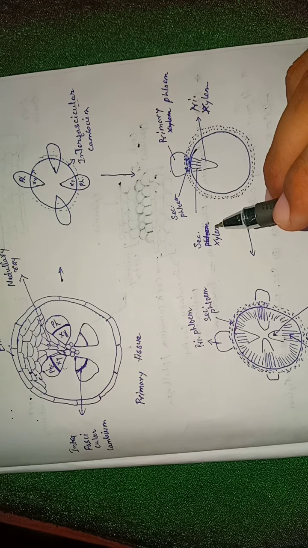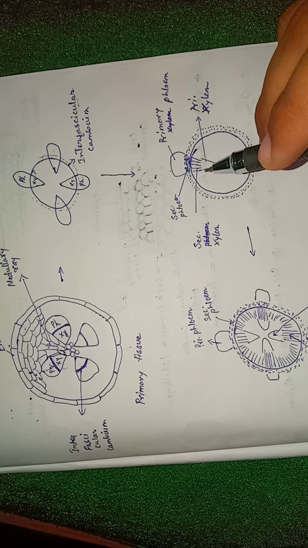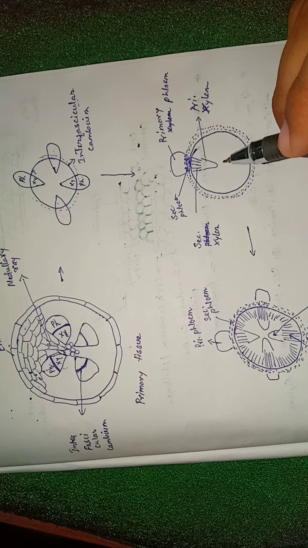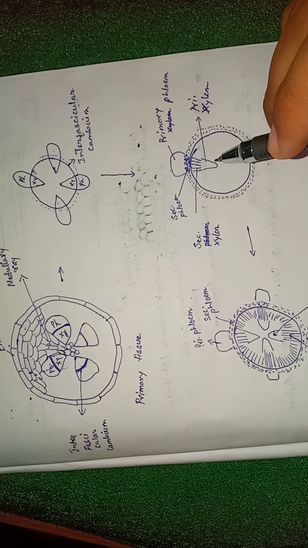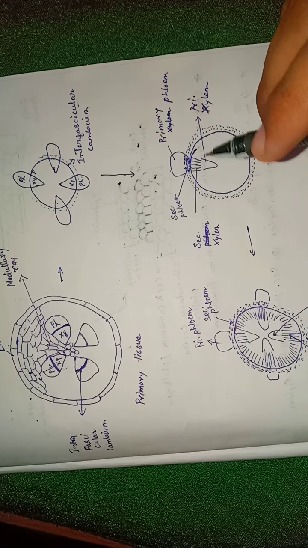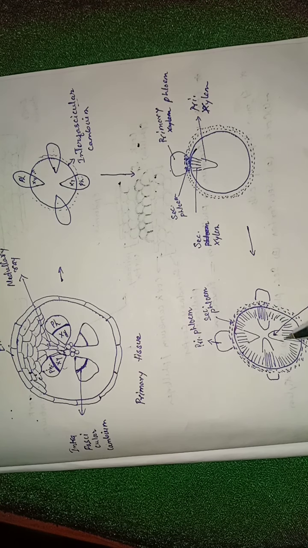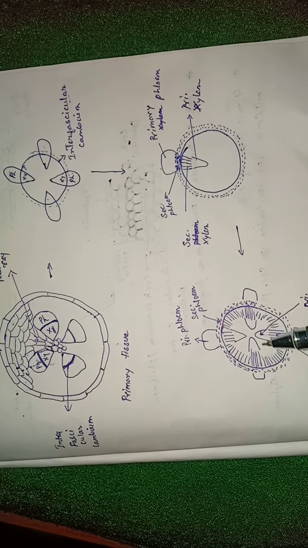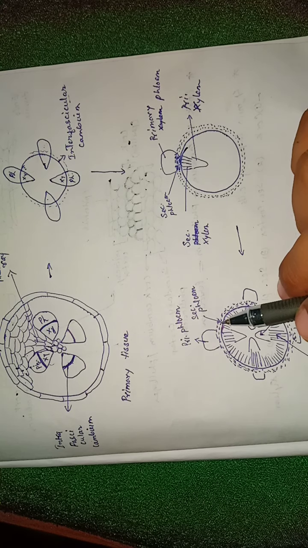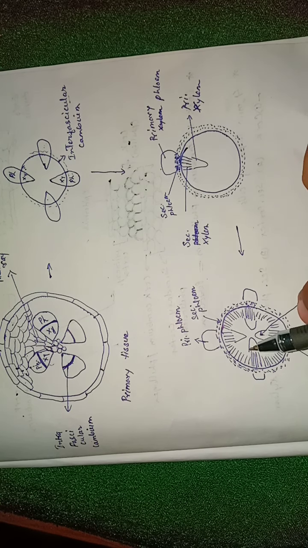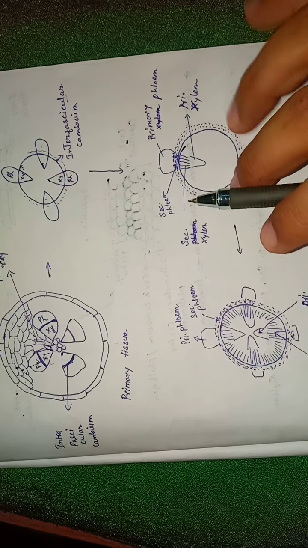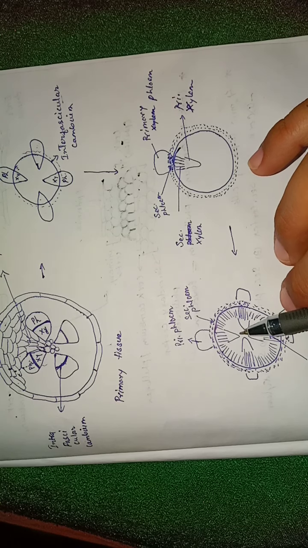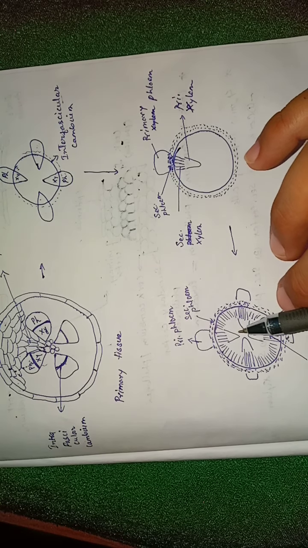The formation of this secondary tissue pushes the primary xylem towards the inner side, that is, the pith, and begins to crush the pith. Hence, the pith almost disappears.